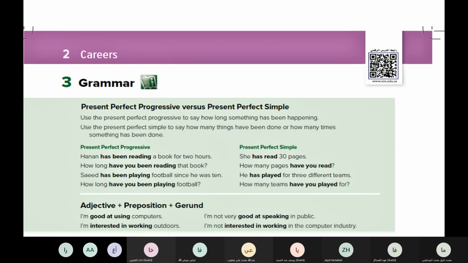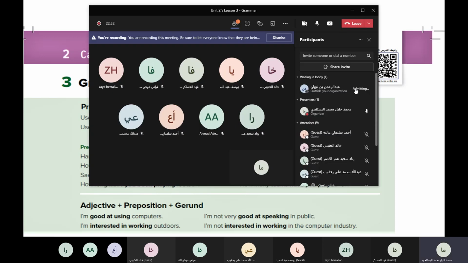Used when we talk about what? The duration of time or time. In other words, focus on time.